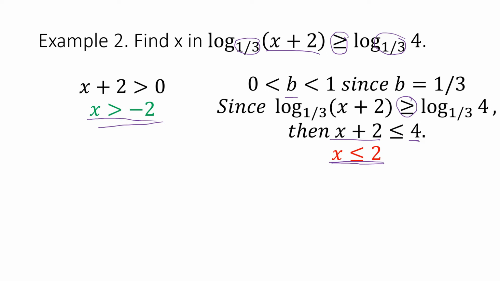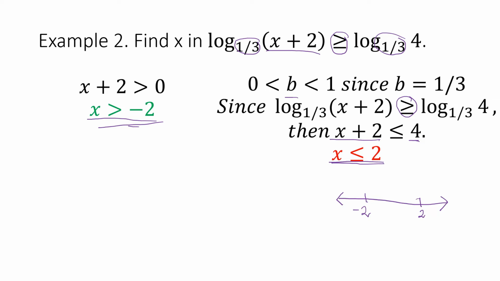locating them on a number line will help us determine the correct solution set. One is -2, the other is +2. The negative number is to the left of the positive one. The first inequality, the green inequality, tells us that x is greater than -2.